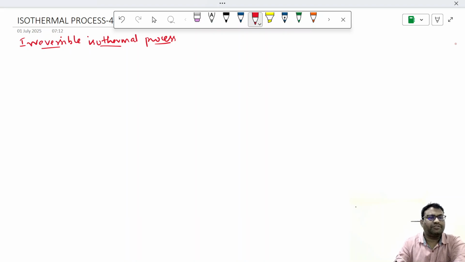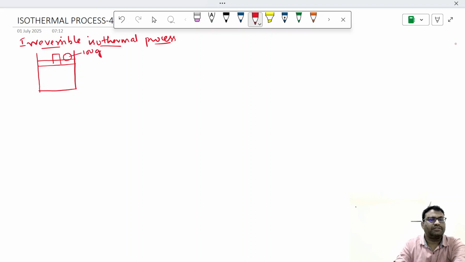Irreversible process means the process in which the process cannot be reversed by reversing a small change. Say for example, let us keep some 100 grams mass here.